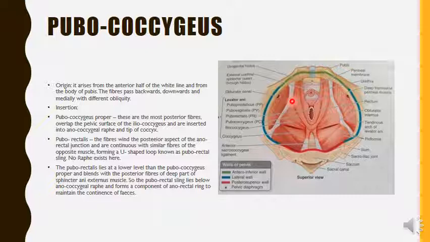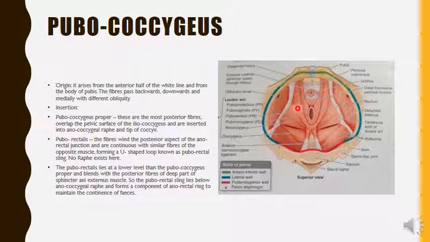Then where is it getting inserted? So this pubococcygeus, I told you, it is divided into certain parts based on the viscera it is related to. So here, pubococcygeus proper, these are the most posterior fibers, right? These most posterior fibers overlap the pelvic surface of iliococcygeus. So this is iliococcygeus.